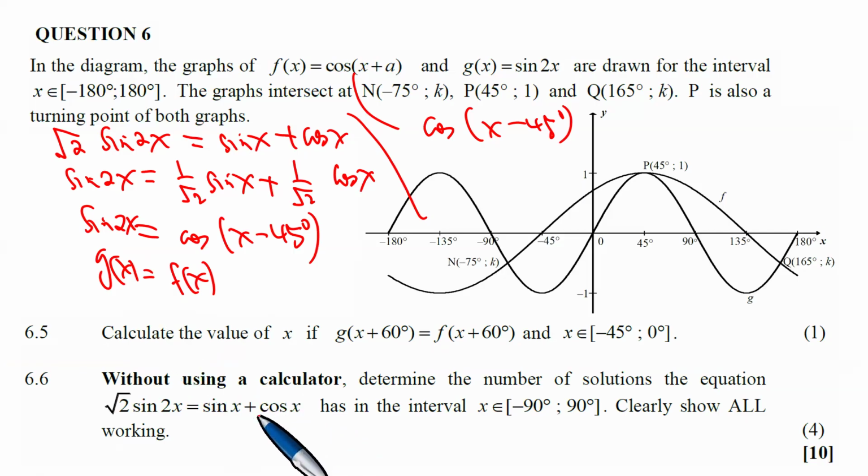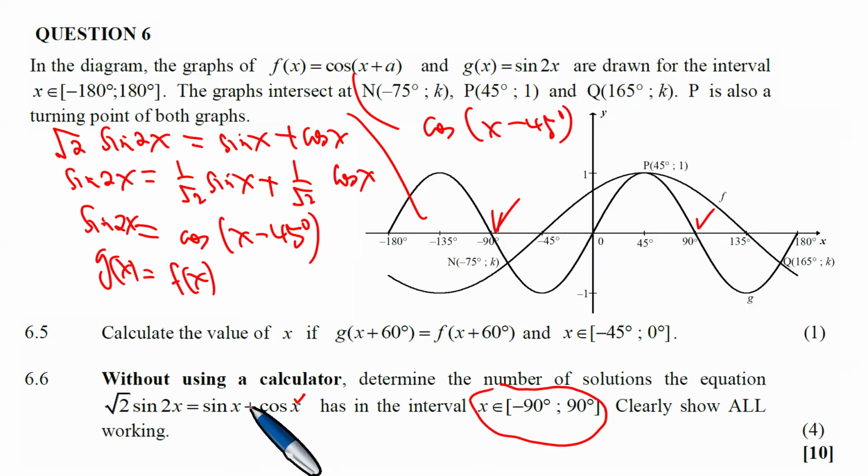So this equation is saying, where are these two functions equal, between minus 90 and 90 degrees?